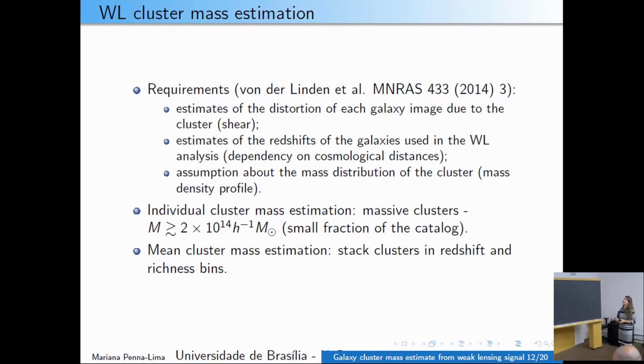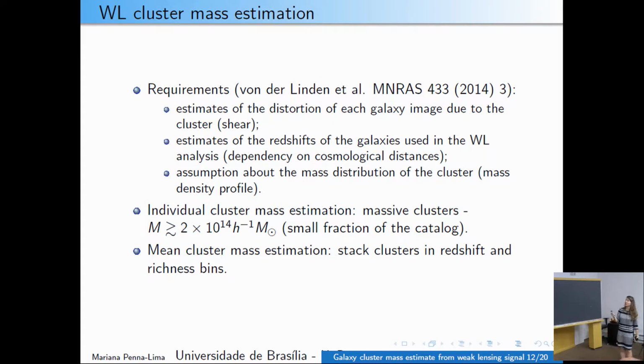We need estimates of the redshift of all these galaxies, because all quantities that we are going to compute, the tangential shear, the convergence, and the reduced shear, depend on the cosmological distance between observer and lens, observer and source, and the distance between source and lens.